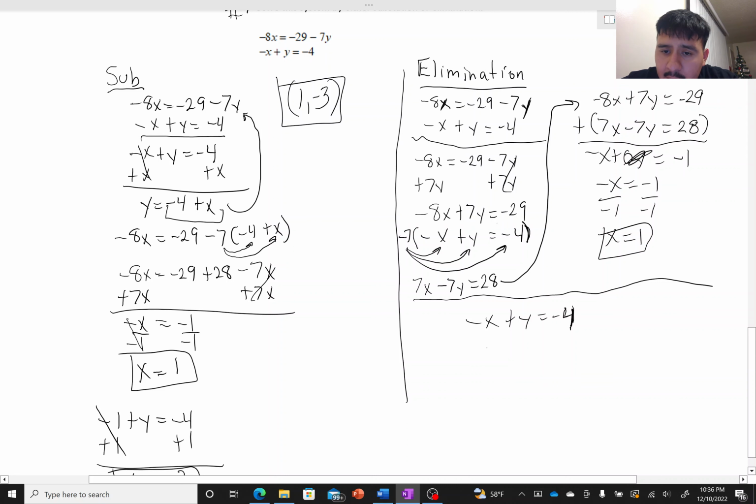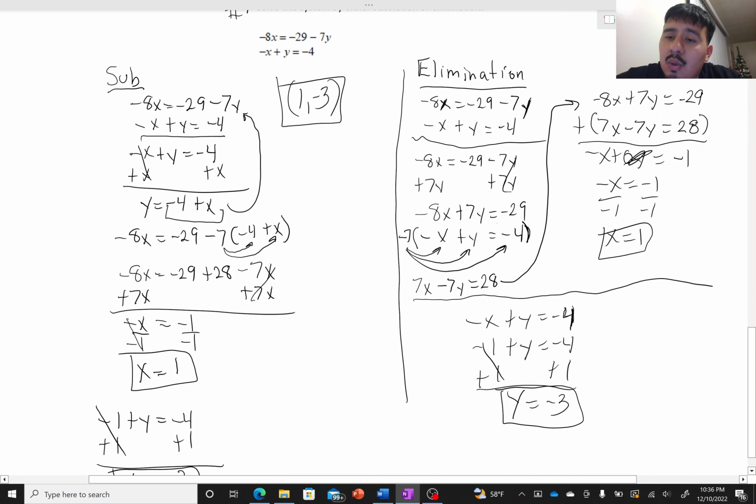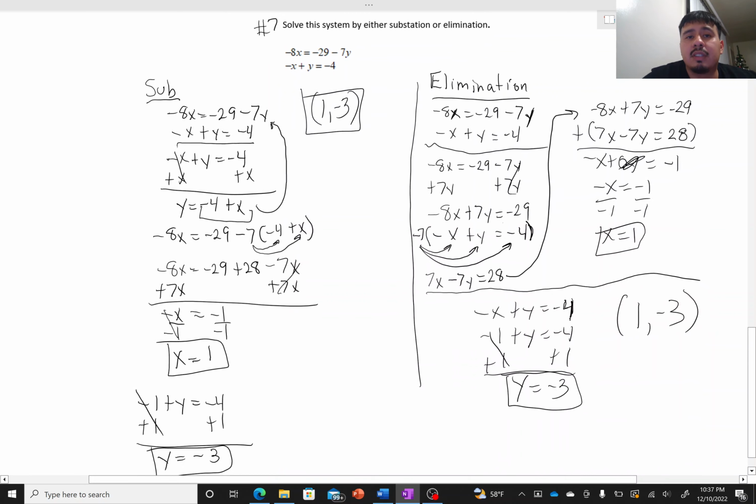Since x is equal to 1, I'm going to do negative 1 plus y is equal to negative 4. I'm going to add 1 to both sides. The 1's get canceled out, and I get that y is equal to negative 3. So my solution using elimination is 1 comma negative 3. Perfect. And I am done with problem number 7.